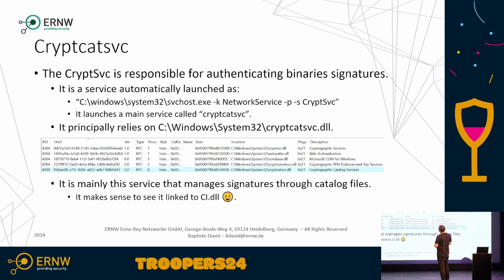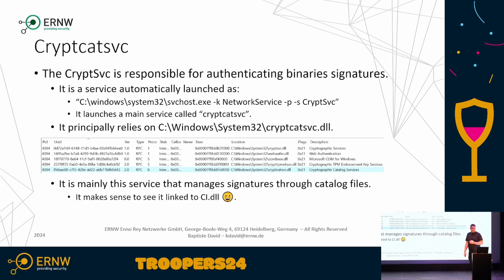Cryptcat service is literally launched at the execution of Windows, at booting time, to be accurate. It is in Windows System32, in svchost.exe, and its code name from the argument point of view is crypt service. But it mostly relies on that DLL, cryptcat service, and the name of the service internally registered is this one, cryptcat service.